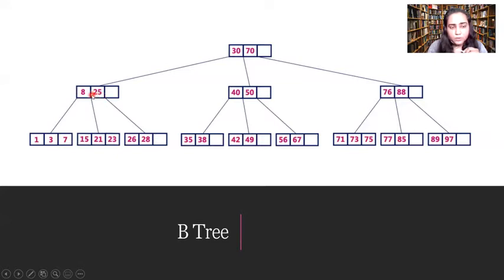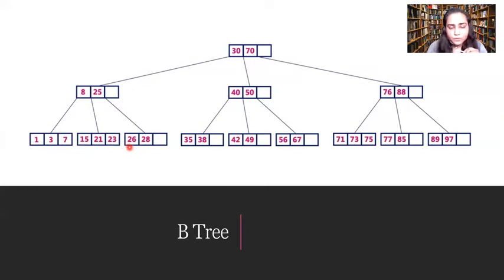And I will check 26 with 25, and I'll realize that it is larger than even 25. If it was smaller than 25, then I would go down this road. But because it is larger than 25, I'm going to go down this link. And then after going down, when I match 26 with the first value, I'll notice that it is matching.